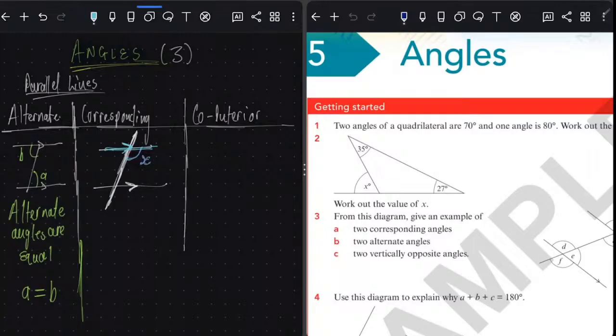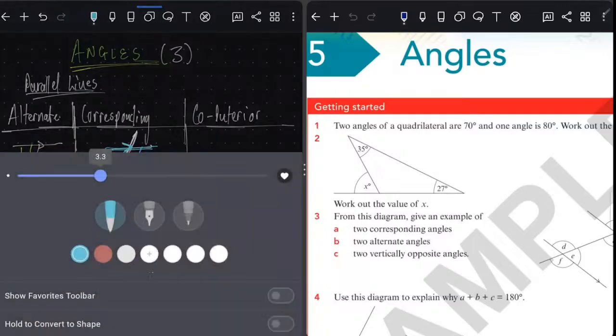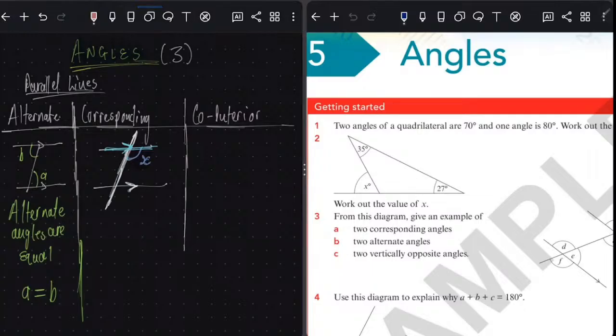Here is your parallel line, and it is below that line, and it is on the right hand side. If you come to the other parallel line, go below it and go to the right, the same position. This Y will be the same as X. This is what we mean by corresponding. So X is equal to Y.